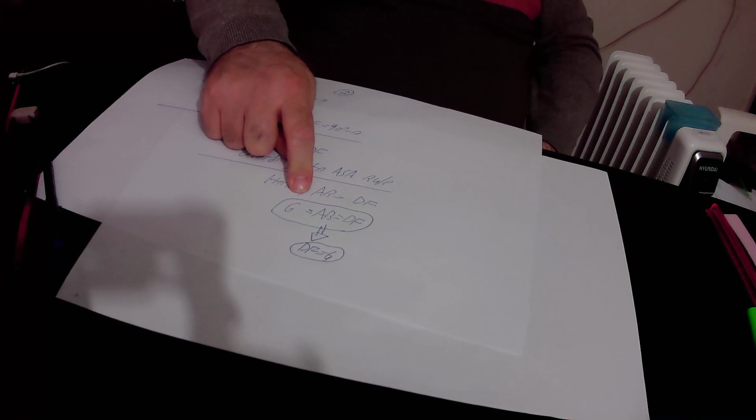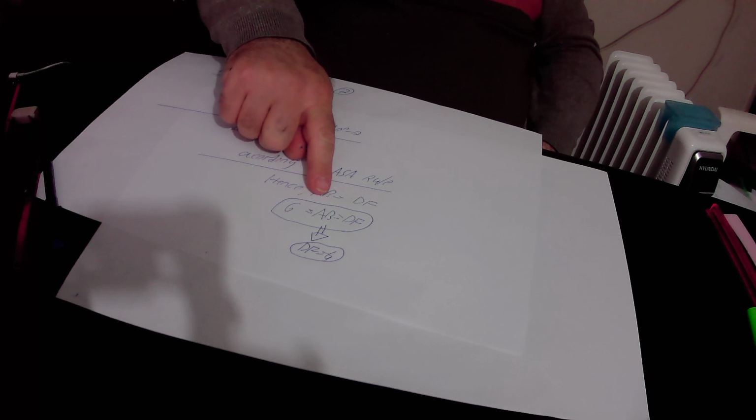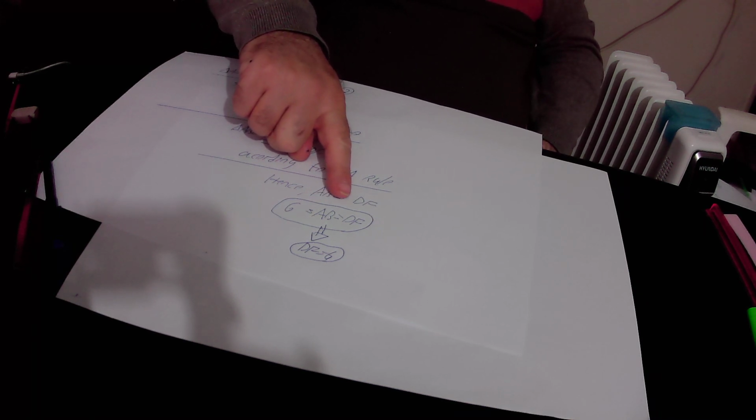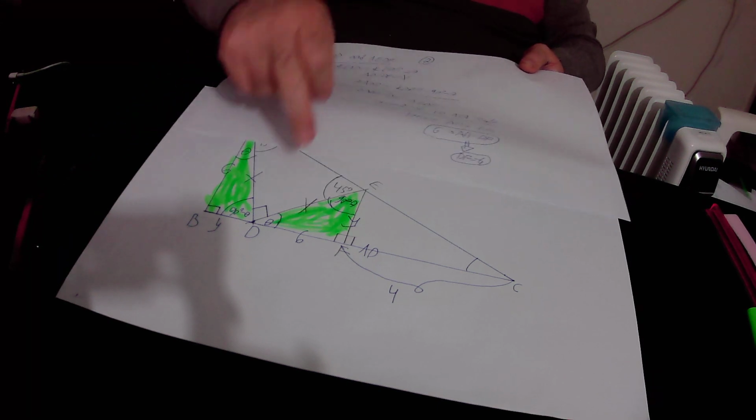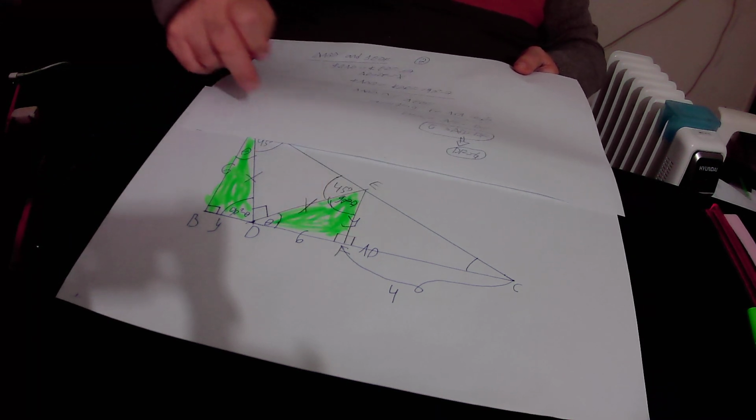But AB equals 6. So from the equation 6 equals AB equals DF, we conclude that DF also equals 6.